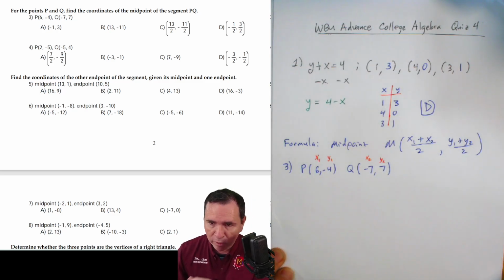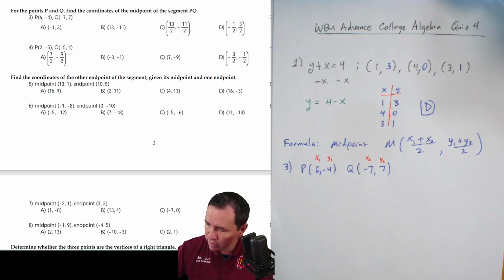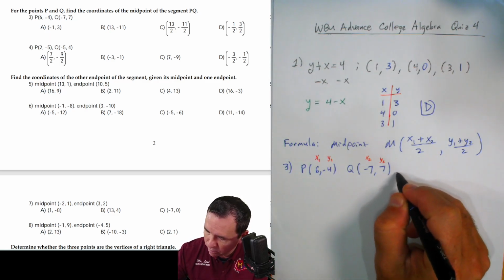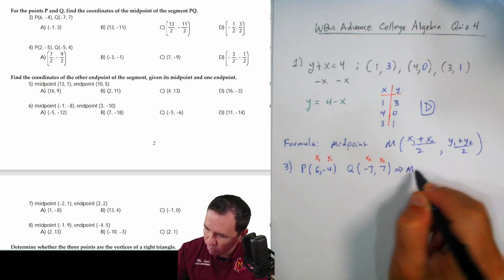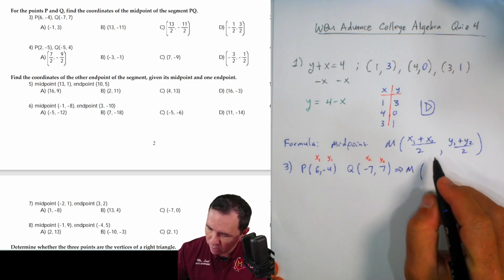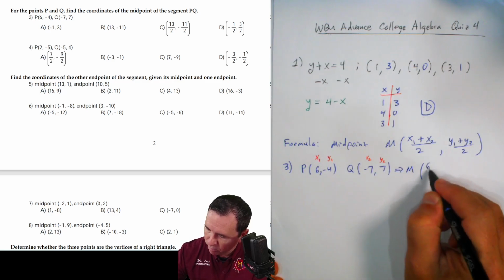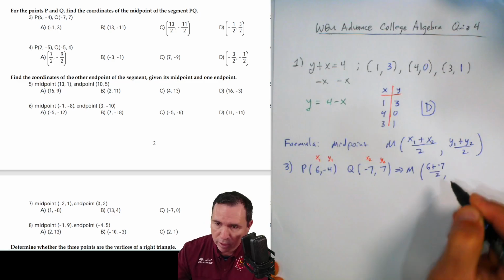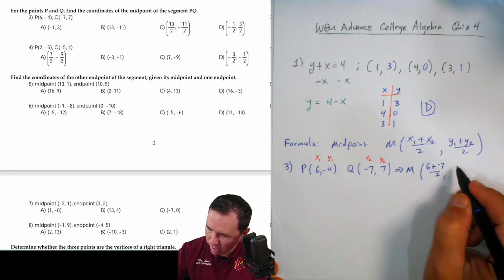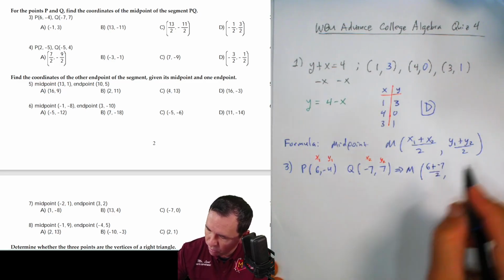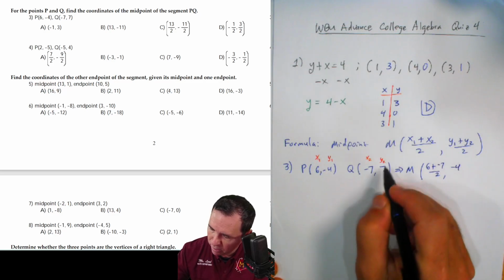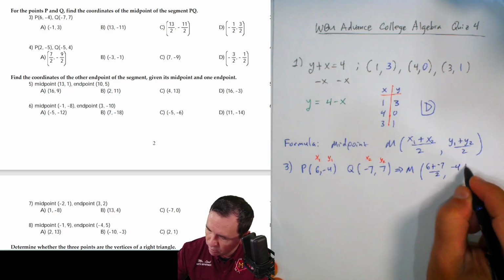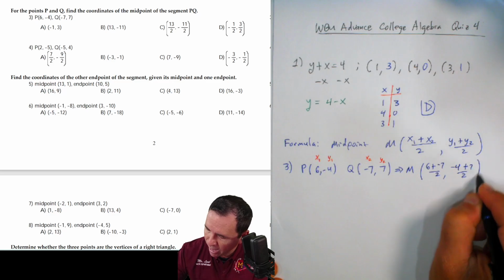So after you label them, then it becomes really easy to know where these go, right? So your midpoint is going to be x1 is 6 plus x2 is negative 7 all over 2. Then your y component is going to be y1, which is negative 4, and y2 is 7 over 2. Remember, it's like the average.